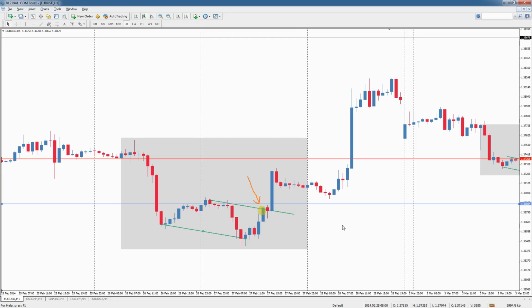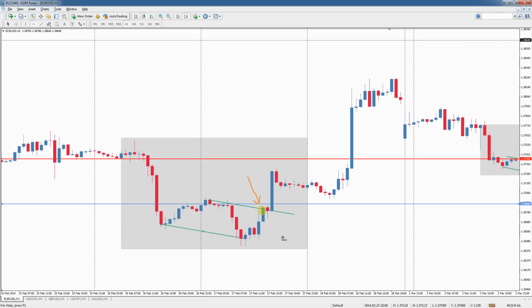Now, we should always, of course, use a stop loss, regardless of what we're trading and what we're doing. We should always have a stop loss in place, a golden rule of trading. So when talking about a double top and a double bottom, there are a couple of ways to organize your stop loss, depending on your risk preference, of course.